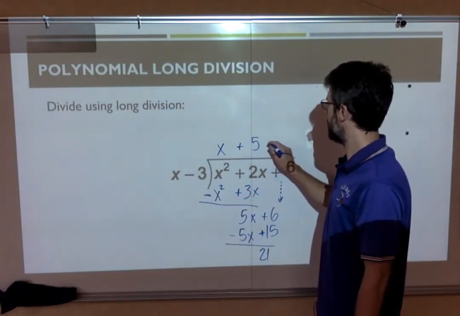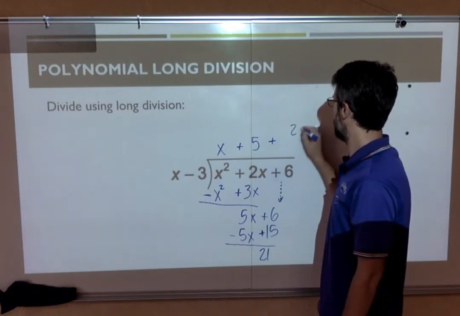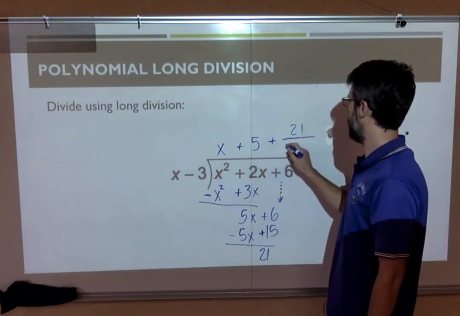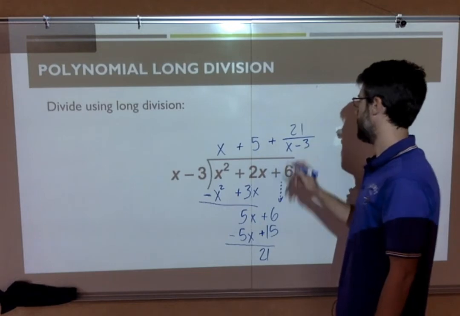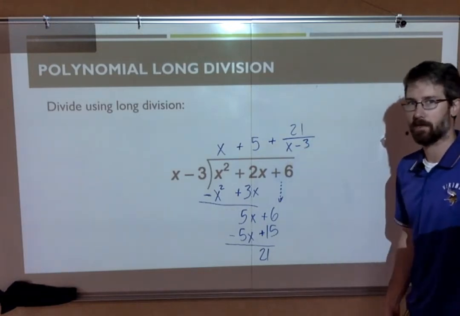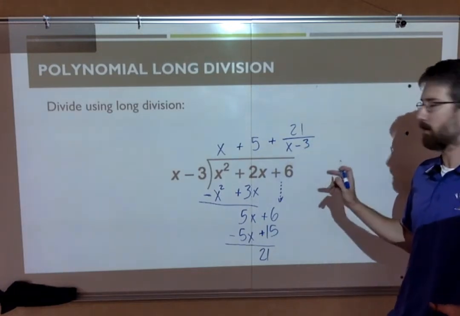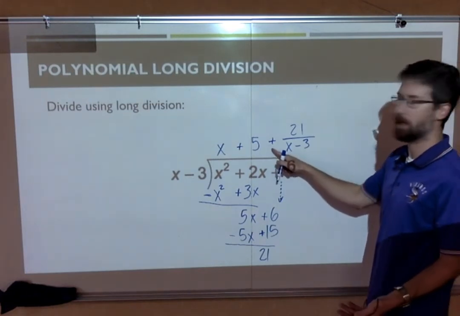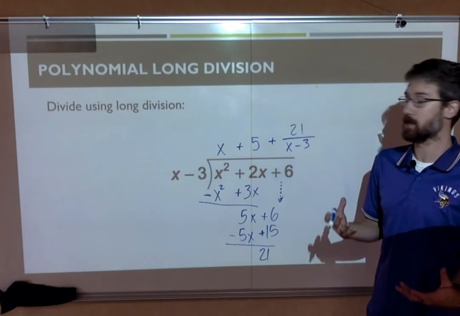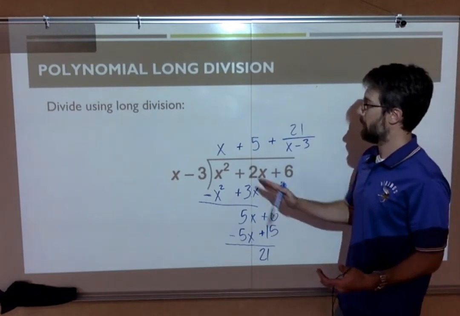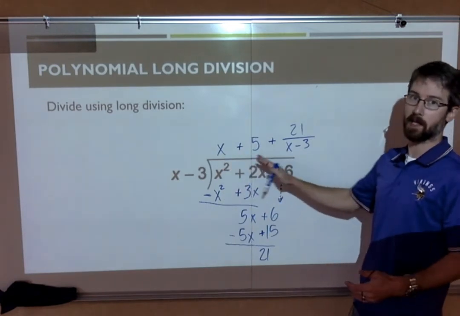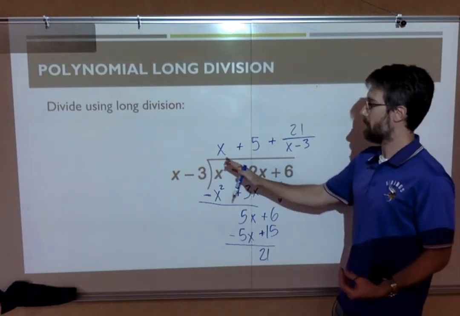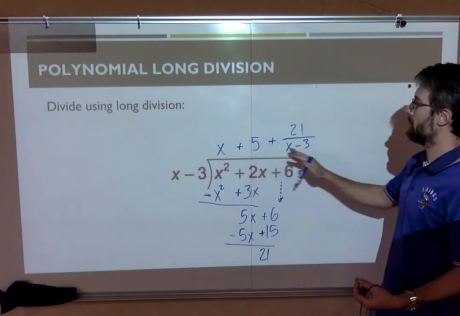With long division, that remainder looks like this. It's 21 over x minus 3. Just like in that very first long division one, I think it ended up being 4 over 5, a fraction at the end. Same thing here, only it's going to have a little plus in between. So it's really the same thing as long division, except instead of the tens place, the ones place, and then the remainder, it's the x's place, the constants place, and then the remainder.